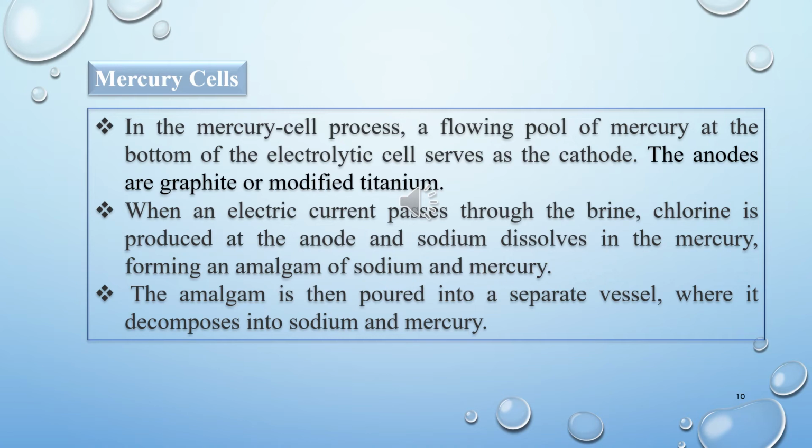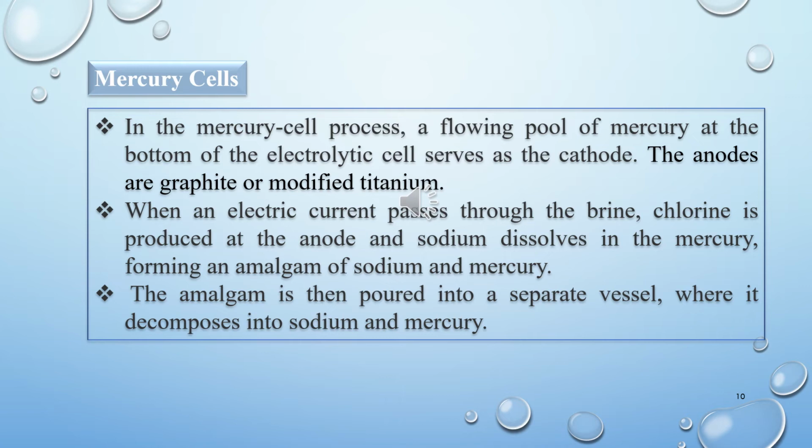Dear students, in this slide, we have discussed 3 points. The first one is mercury will act as a cathode. Second one is that sodium will be dissolved in mercury and will form amalgam, sodium and mercury amalgam.